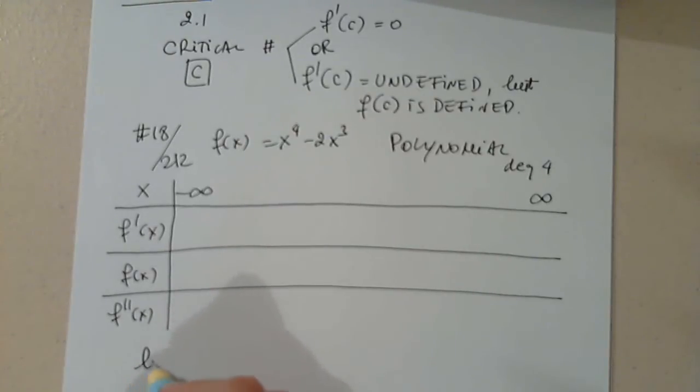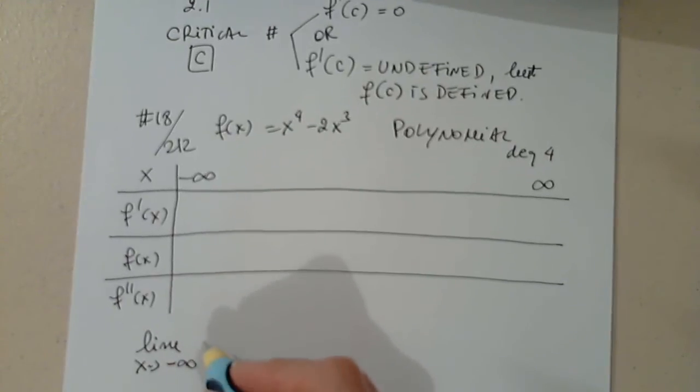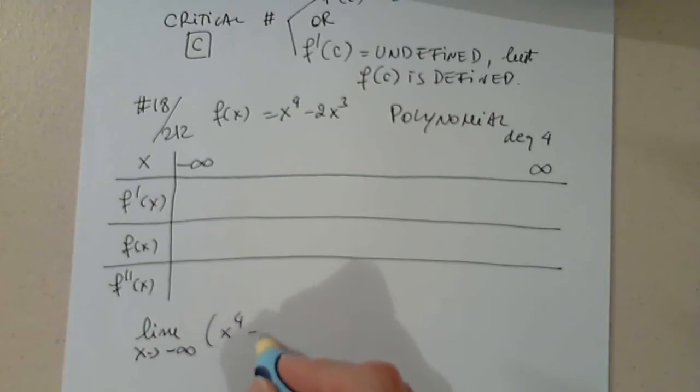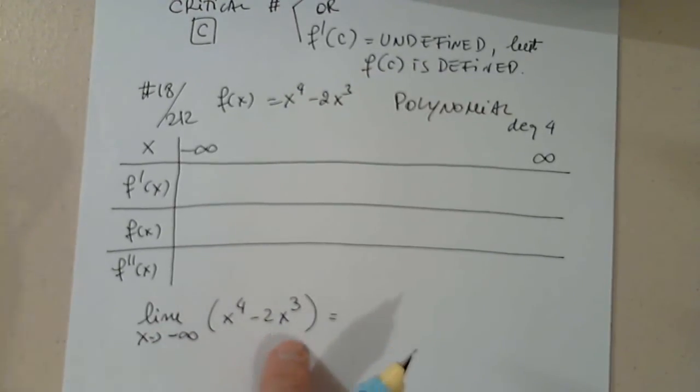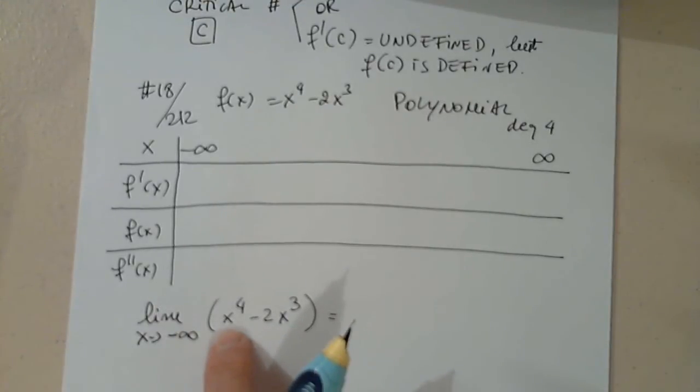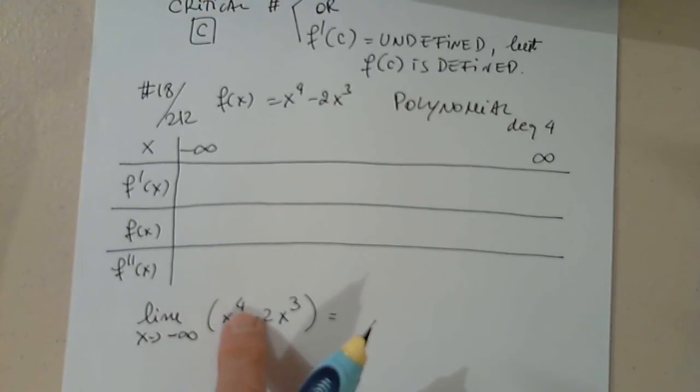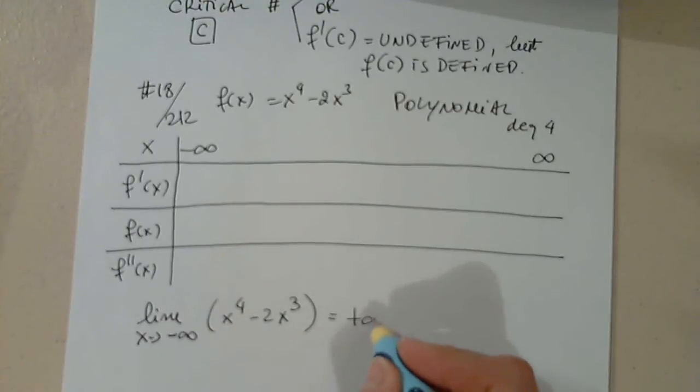First of all, I can find the limit as x approaches negative infinity of x to the fourth minus 2x cubed. Which of these two terms is more powerful? Of course, this one. Assuming I replace x by negative infinity and I raise that to the fourth power, that will be positive infinity.